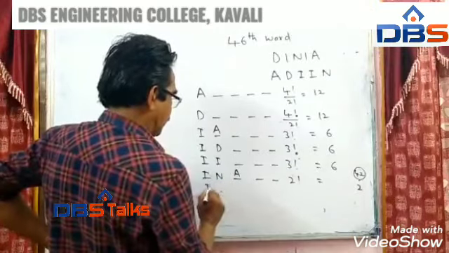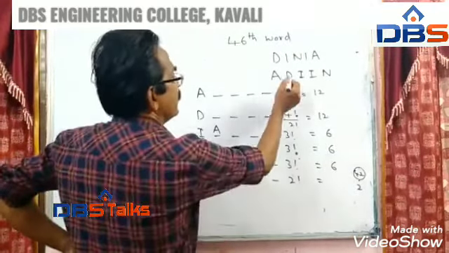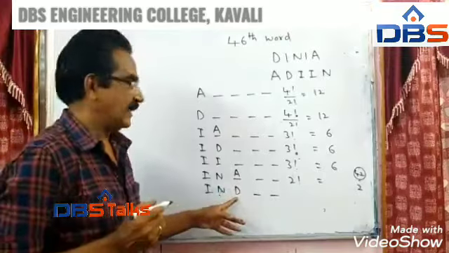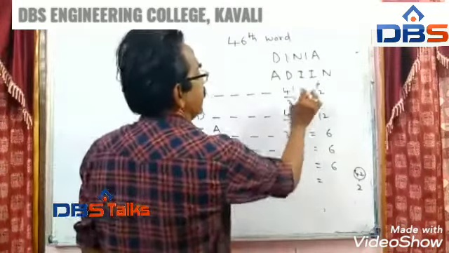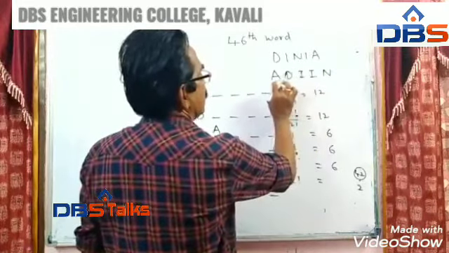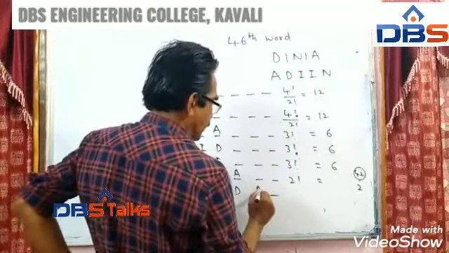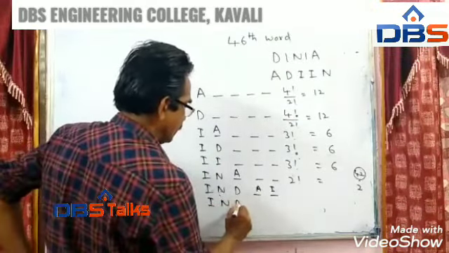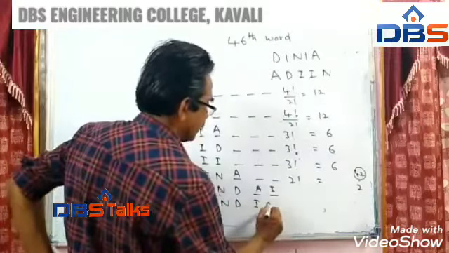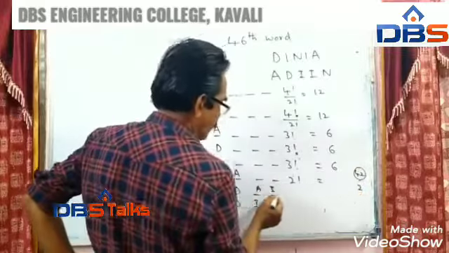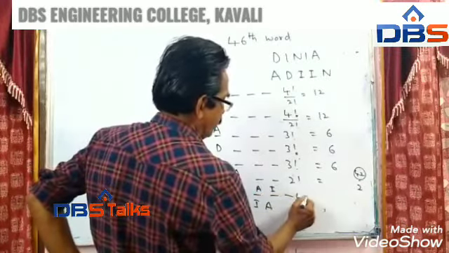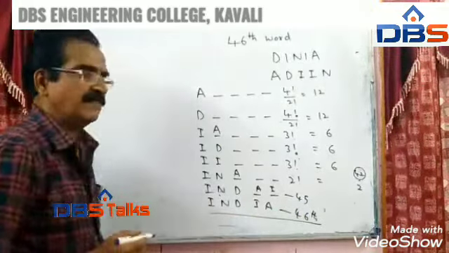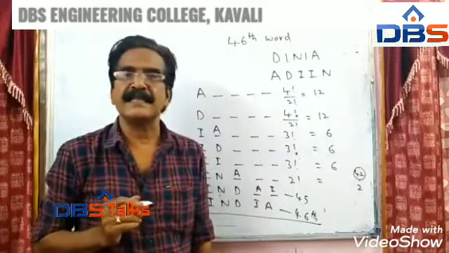After A, we have to take D. So after taking D, IND, the remaining 2 letters are A and I. So INDAI is one arrangement and INDIA is another arrangement. So 42 plus 2, 44. This is 45, and this is 46. So the 46th word is INDIA, friends.